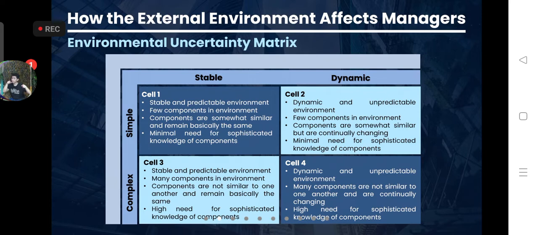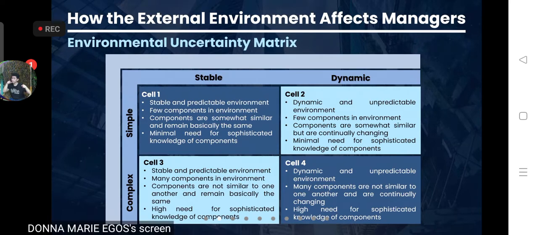As we can read, in cell 1, the stable and simple environment represents the lowest environmental uncertainty, so it is predictable with only a few components in the environment. Meanwhile, in cell number 4, the dynamic and complex environment has the highest level of environmental uncertainty, in which it is unpredictable with many components in the environment.